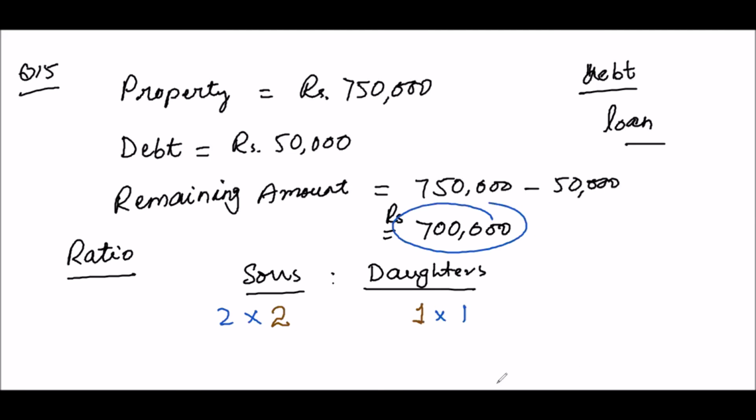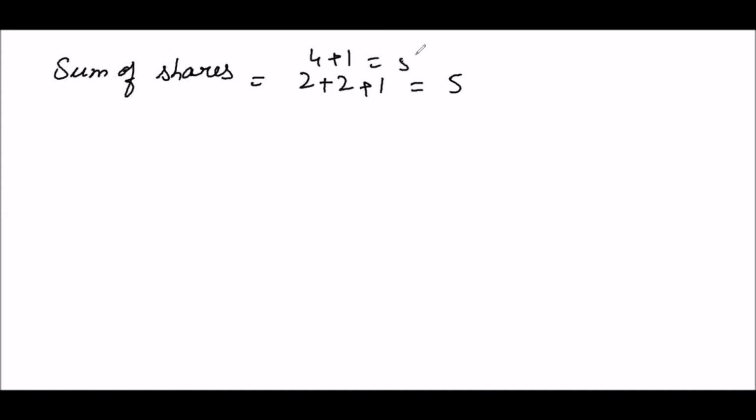And the method to calculate is sum of shares is equal to 2 plus 2 plus 1 is equal to 5, or 4 plus 1, 5. Same thing. It means 2 shares will go to the one son, this 2 will go to the other son, and this 1 will go to the daughter.